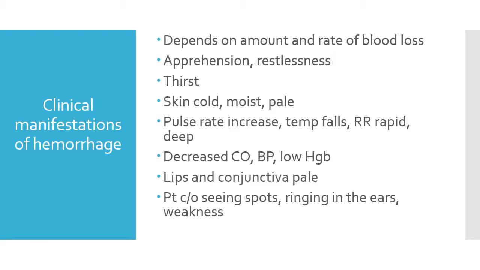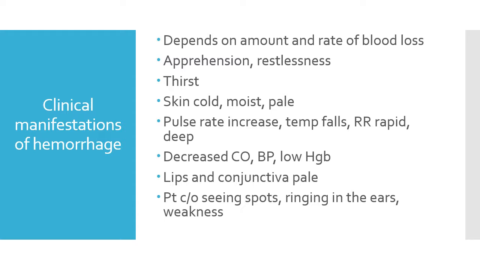So what are some clinical manifestations or signs and symptoms of hemorrhaging? It's going to depend on the amount and rate of the blood loss. Usually you will have restlessness, thirst. The skin will be cold, moist, and pale. The vital signs, this is why you always take your vital signs. Your pulse rate will increase.